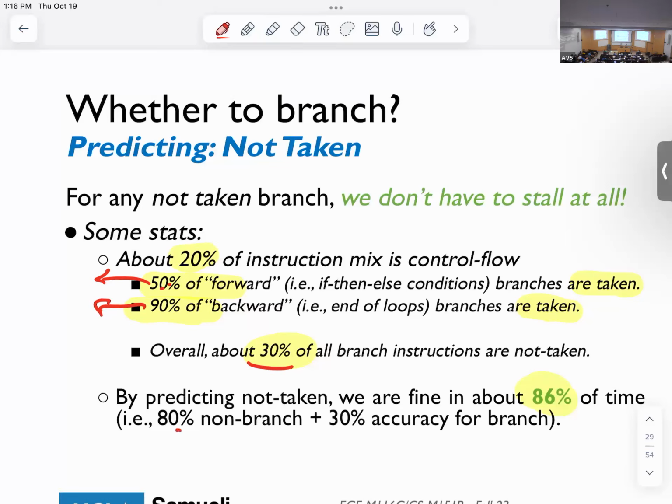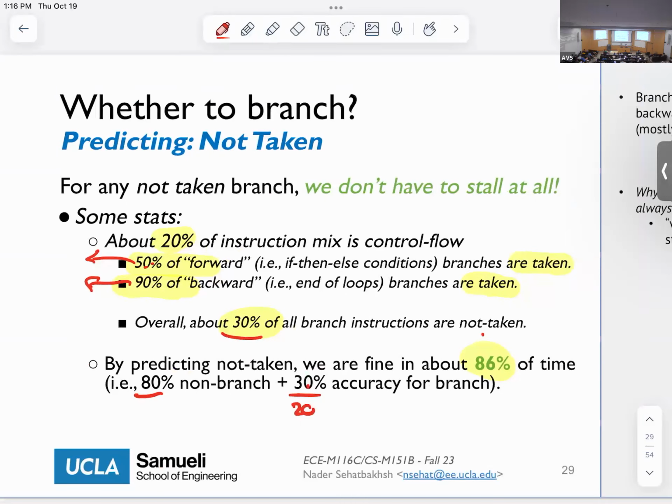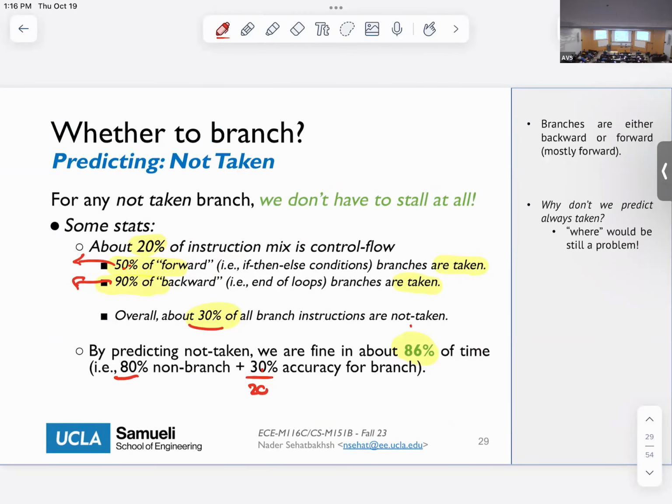And then how 80 plus 30 becomes 86 is just 30% times 20%. 30% of 20% is basically 6% of your entire program. That's how you get this 6%, okay? So 86% of the time, things are great because I don't need to stall at all, and I can just continue doing whatever I'm doing, okay? There's that 14% that I need to do something about, okay?